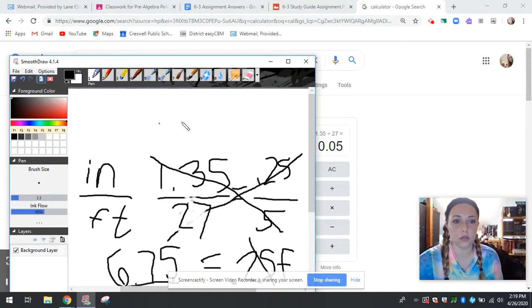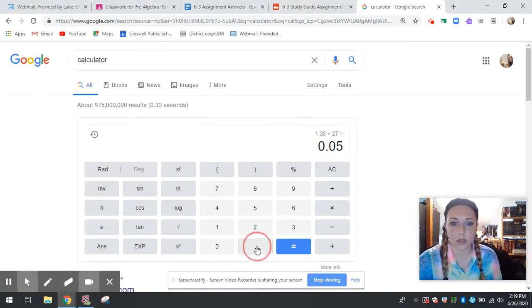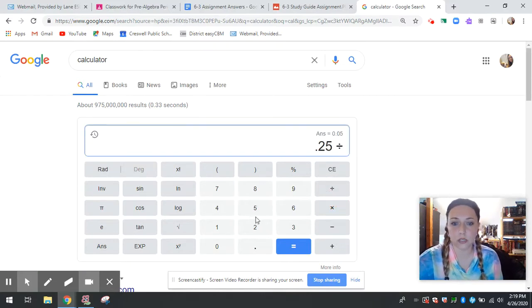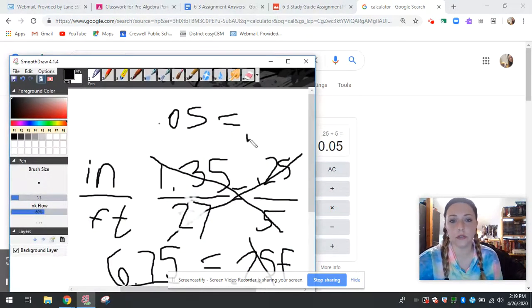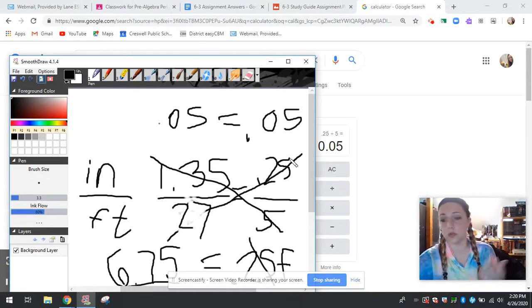This thing doesn't like to do decimals. Let's see if 0.25 divided by 5 gives us the same answer, and it does, 0.05. So we got equivalent decimals, which we should get if we have a proportional equation.